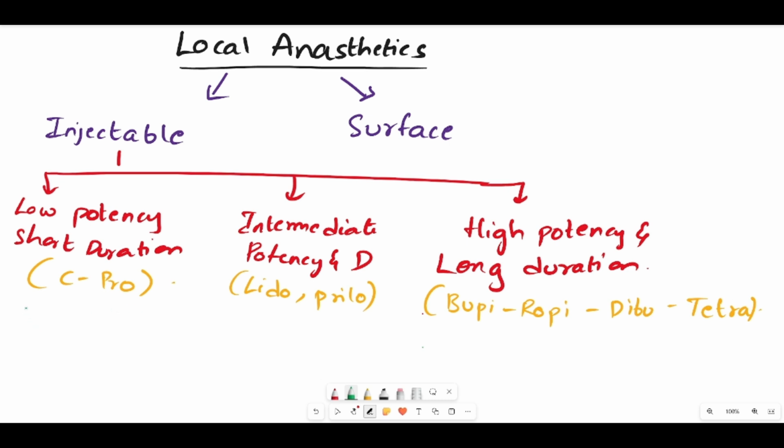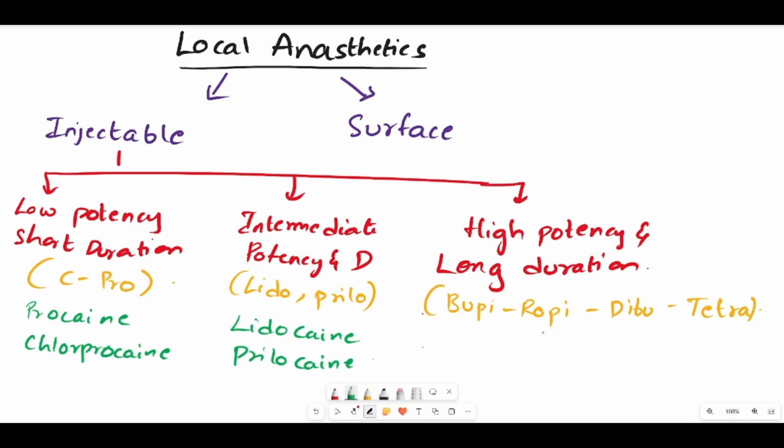Now let's try to write the examples. In the low potency and shorter duration, Pro means it is Procaine. C means it is Chlorprocaine. And in the intermediate potency and duration, there are two examples: one is Lidocaine and the other one is Prilocaine.